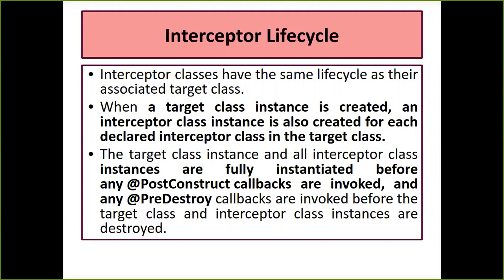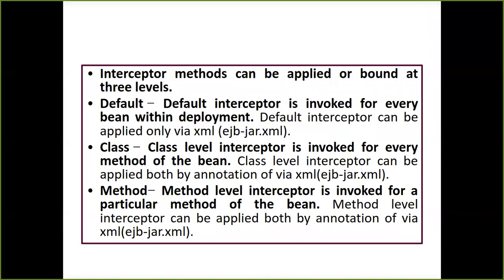We need to have an object for the interceptor class also. Then we have the @PostConstruct annotation. As I told you, the logic for the target class needs to be written after the @PostConstruct annotation. Then we have @PreDestroy, which is called for garbage collection.